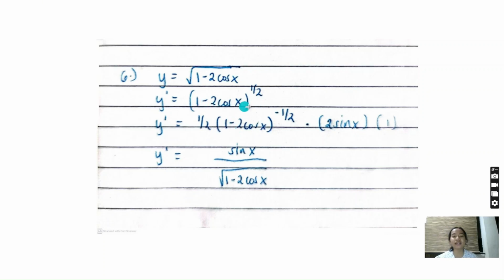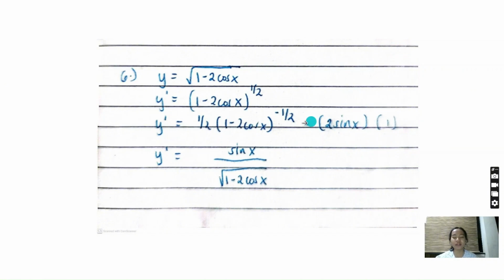And then there, since it is in the power rule, 1 half we multiplied it here, and then 1 half will be subtracted by 1. And then I just copied the inside quantity times 2 sine x, because the derivative of 2 cos x is 2 sine x times 1.